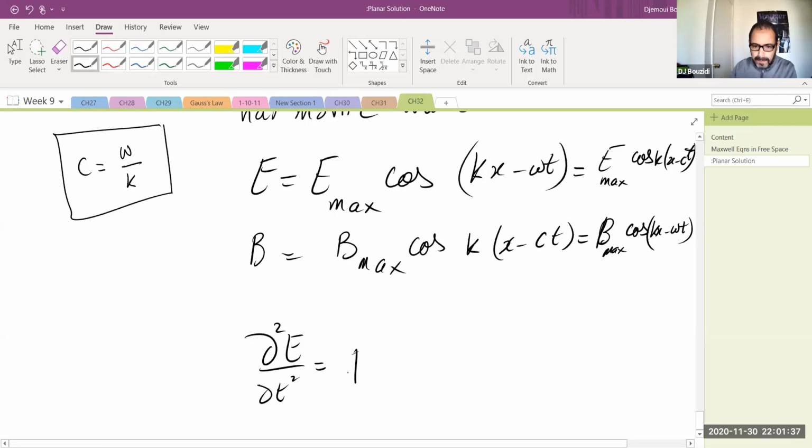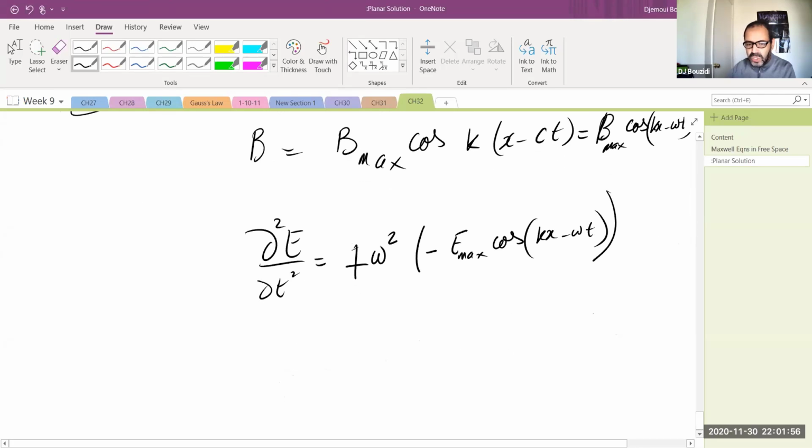So it's going to pull a positive omega squared times minus E max times cosine of kx minus omega t. Please verify this. It's not hard to do. All you have to do is take the derivative twice.